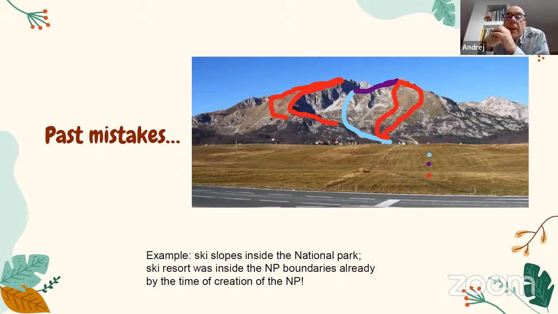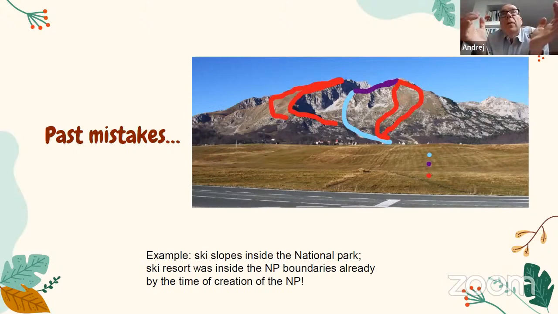So I'm showing here an example of a national park. I don't want to say which national park, because I don't want to blame anybody. But it's a fantastic area somewhere in the Balkans. But there is a big ski resort that was there already by the time this national park was established.